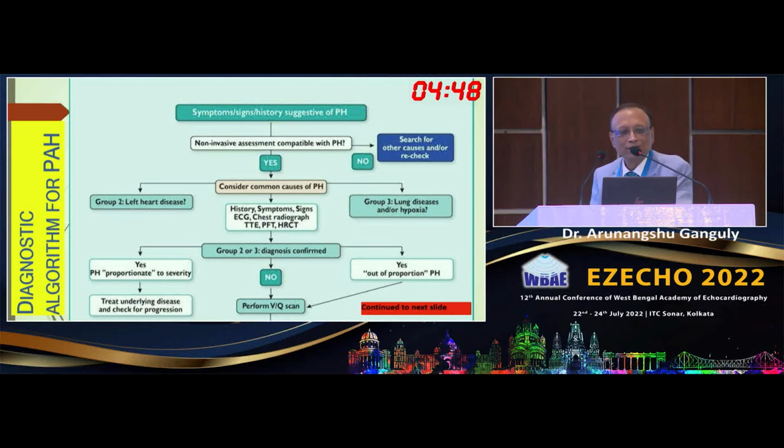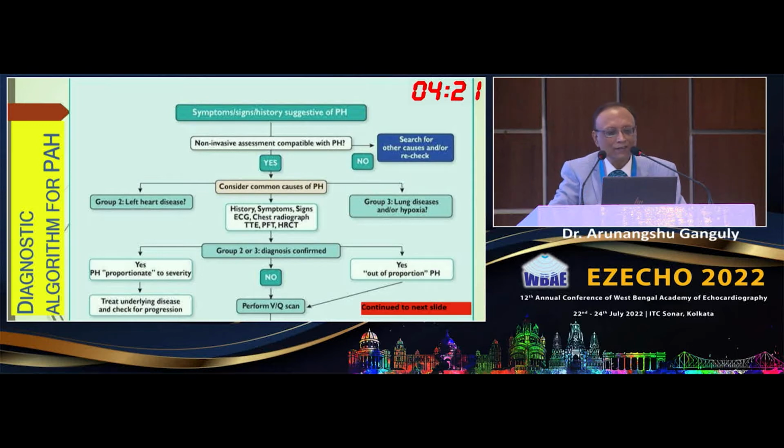So, first you have symptoms which are suggestive of PH. You do a non-invasive assessment compatible with PH. If that is not there, you search for other causes. If it is there, then you have either group 2 or group 3 with you. You take the specific signs and symptoms.